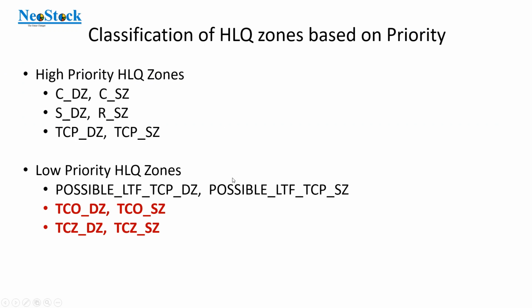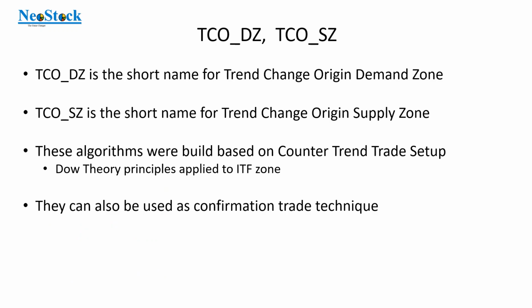So among these high liquidity zones, we are going to learn about the TCO and TCZ concepts. What is a TCO and TCZ? I already explained these concepts in lesson 21. The same slides only I am showing you. I am not going into detail. If you do not remember, please go through lesson 21.2, where you can find these slides.